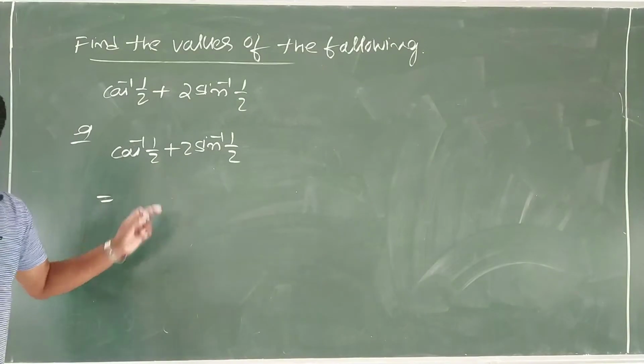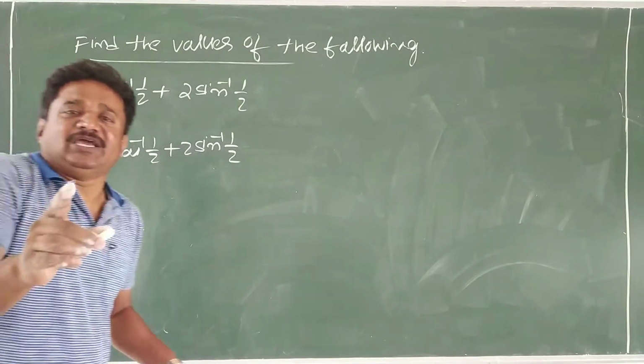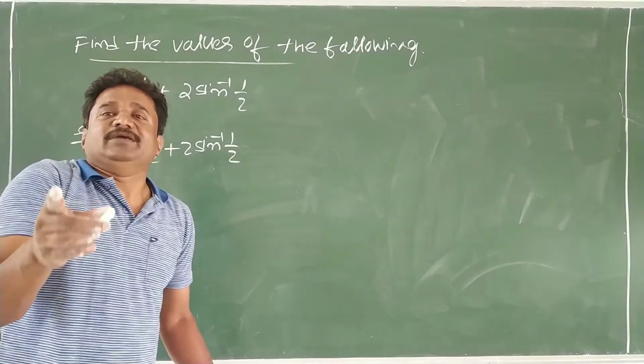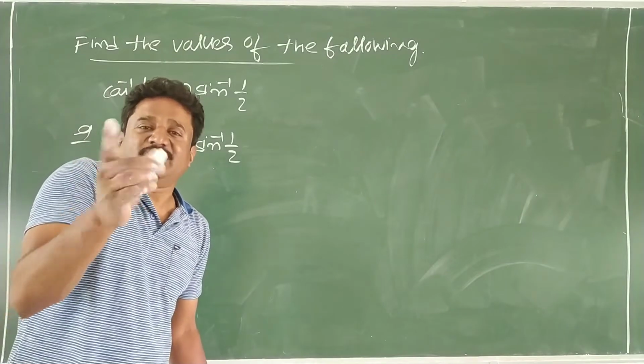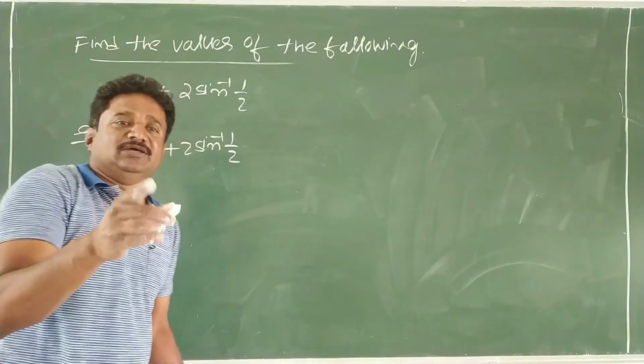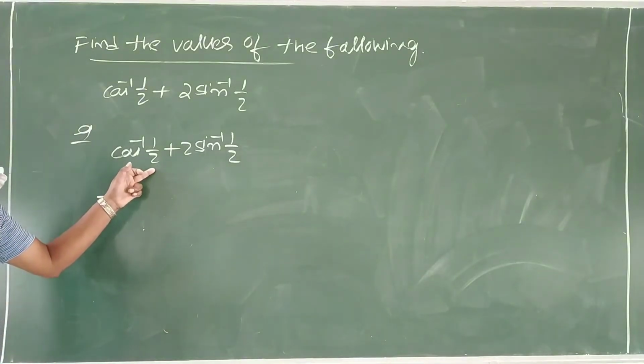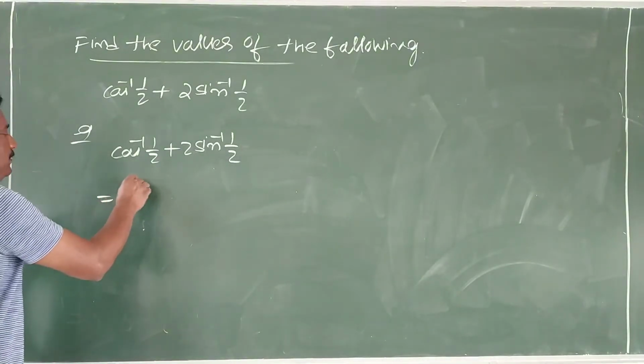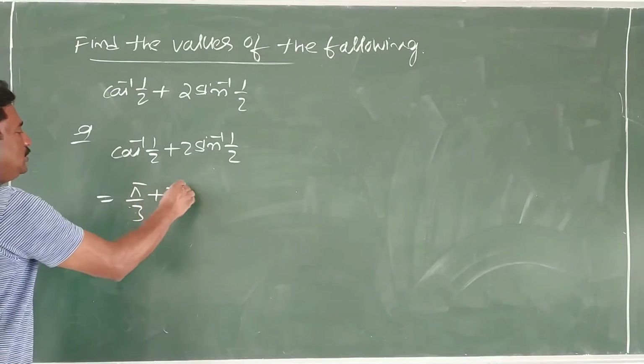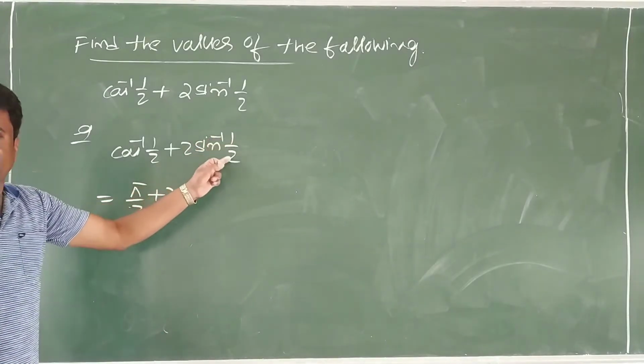If 1 by 2 comes in sin, we use 30. If the same number comes in cos, it must be 60. So how much is cos inverse 1 by 2? 60, not 30, be careful. So write pi by 3 plus 2 into sin inverse 1 by 2.